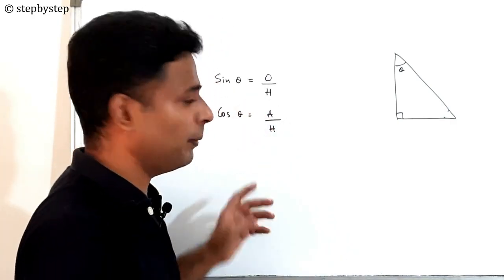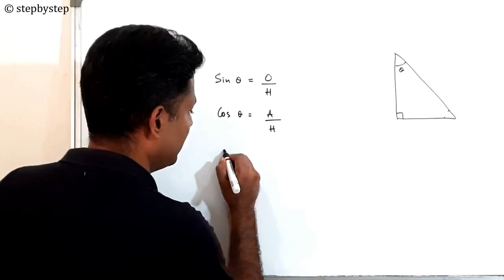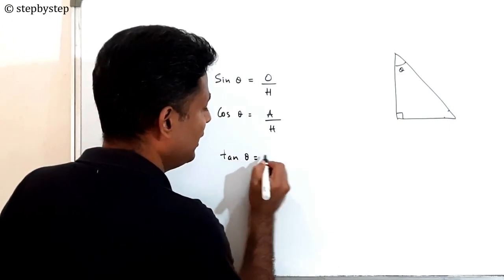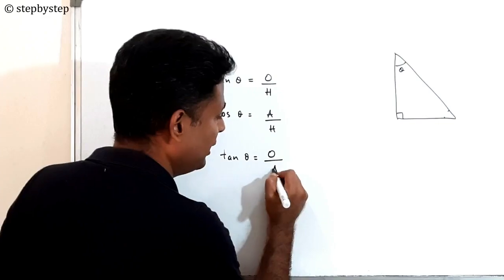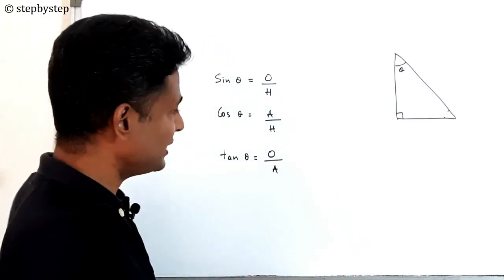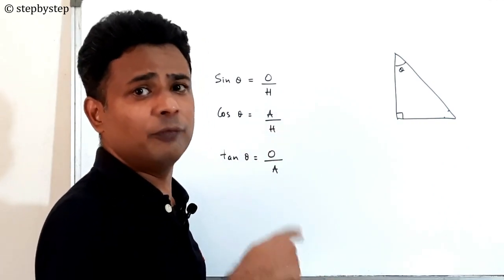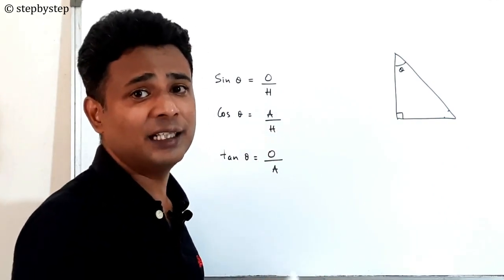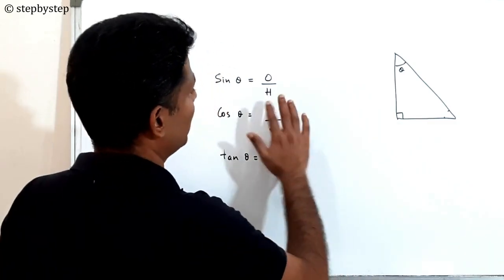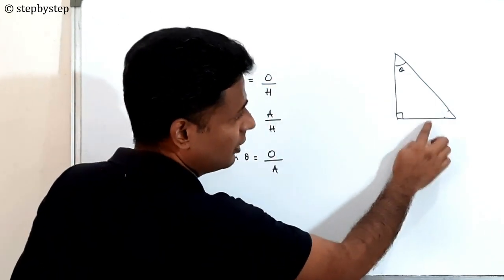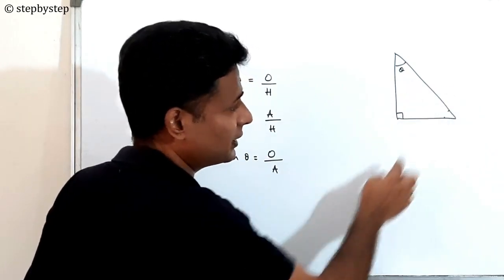So just remember sin theta, cos theta and tan theta. If you remember it this way, you won't have to move your triangle to see which side's ratio you have to take. Just remember, sin theta is the side opposite to the angle by hypotenuse.